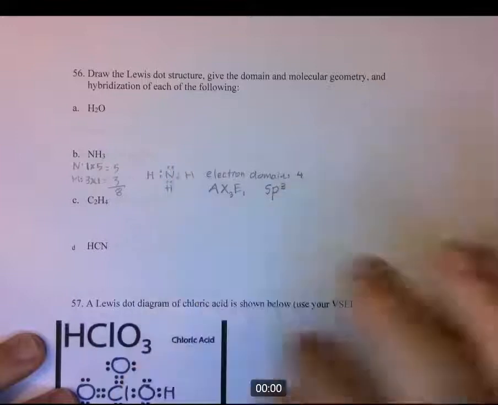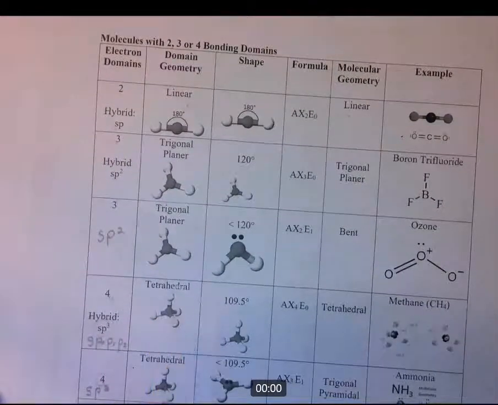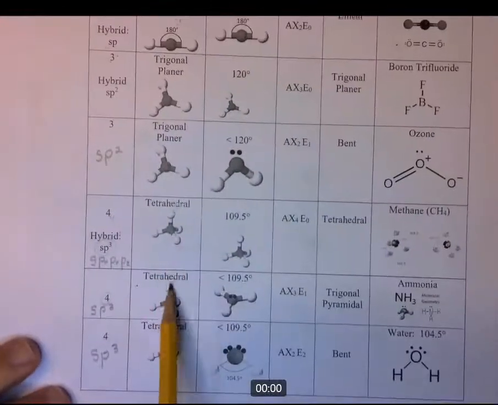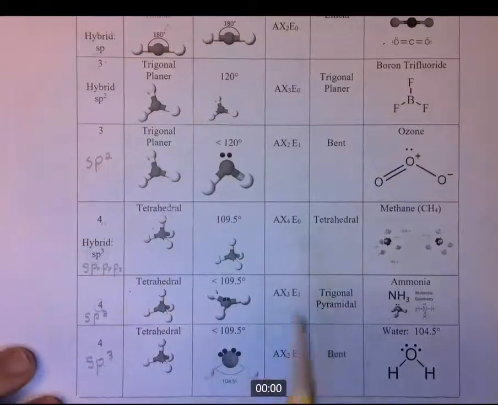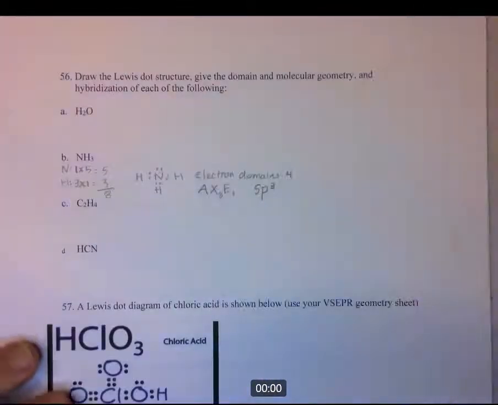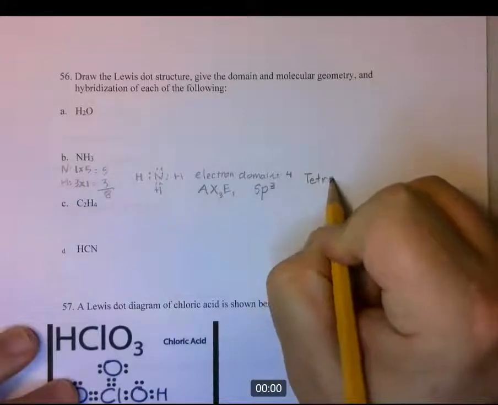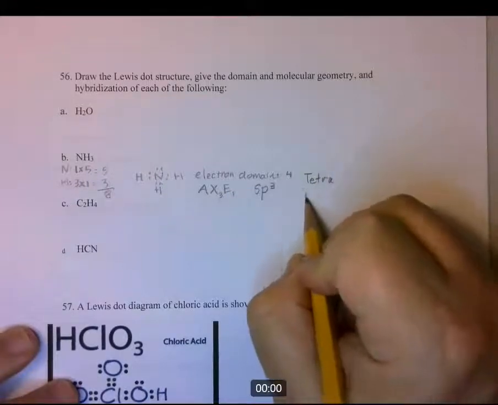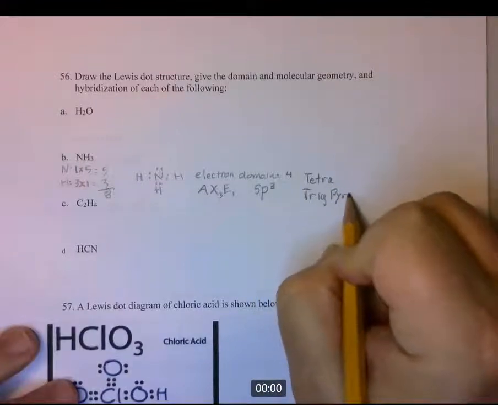Okay, so 4 electron domains means that it's tetrahedral domain geometry, and that it's AX3E1 means it's trigonal pyramidal shape. So it's tetrahedral domain geometry, 4 electron domains, and trigonal pyramidal.